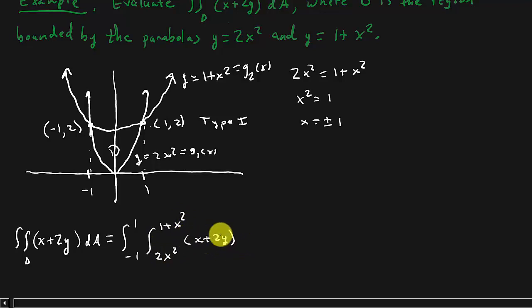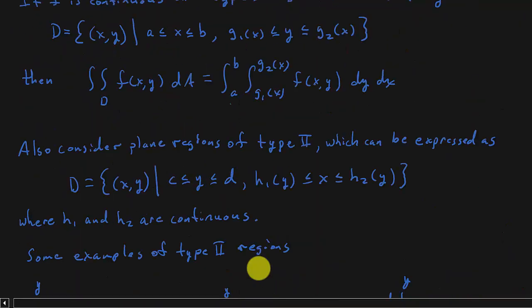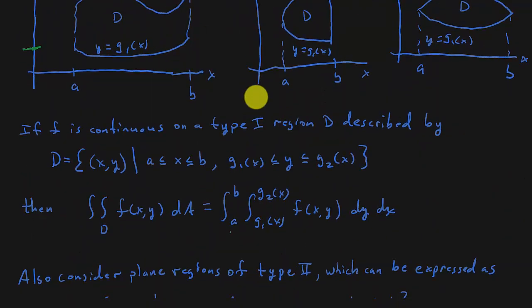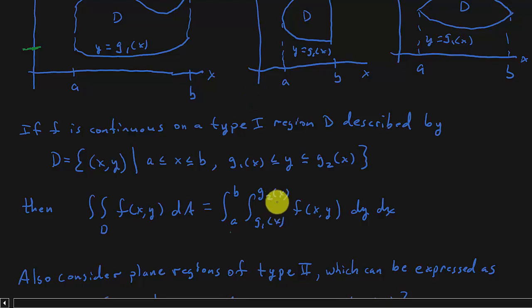And then what are we integrating with respect to first? Now notice our bounds here are in terms of x. We're going to integrate with respect to y first and then x. See up here, when our bounds were in terms of x, we integrated with respect to y first.